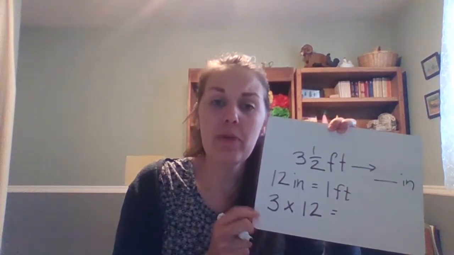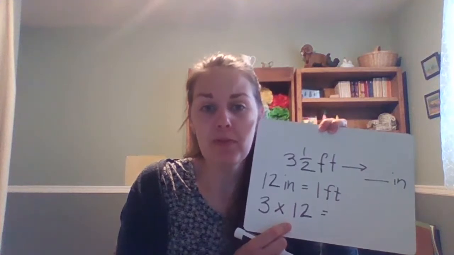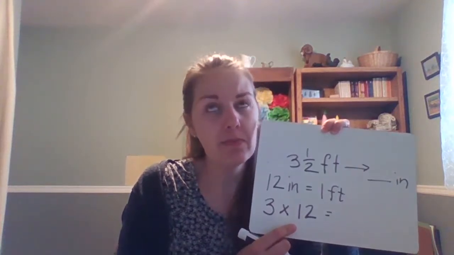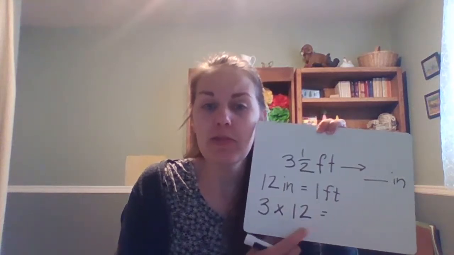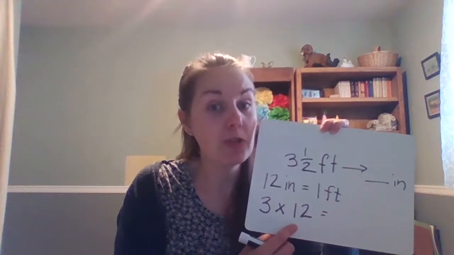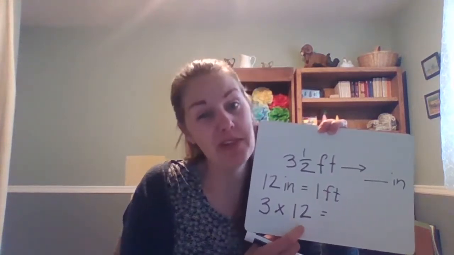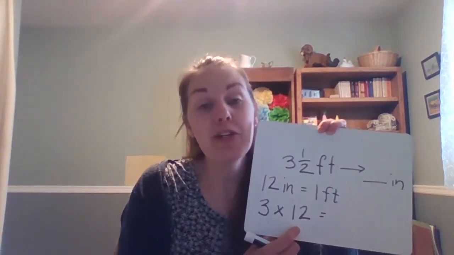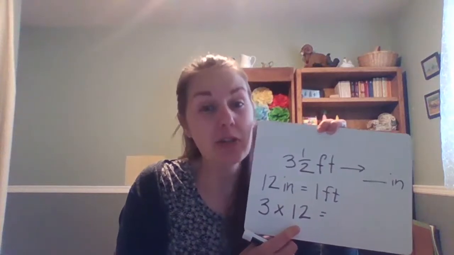So when I multiply by 12, I know that it can seem a little intimidating because you're dealing with double digits, but really the distributive property of multiplication tells us that we can break up this number however we want. And I'm going to show you that it's actually really easy.